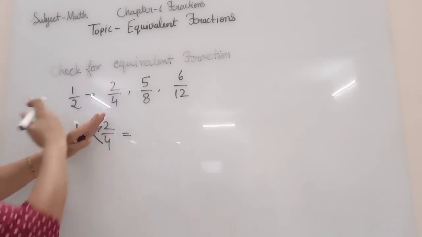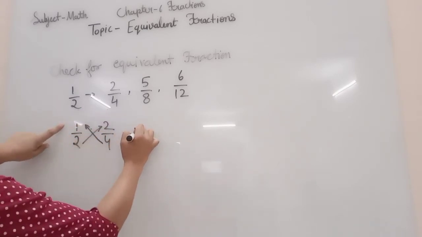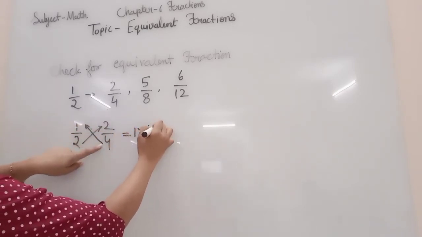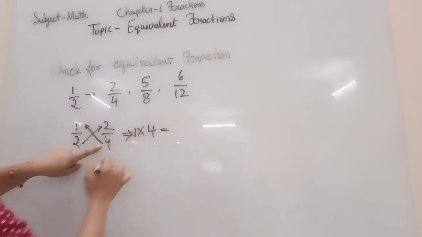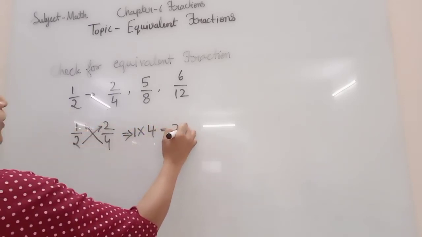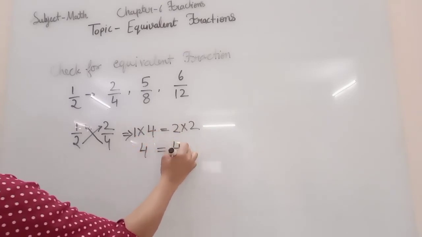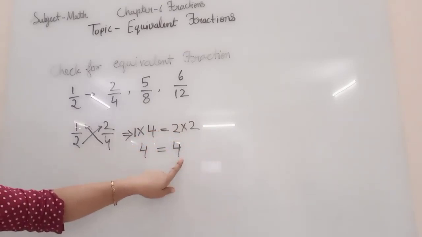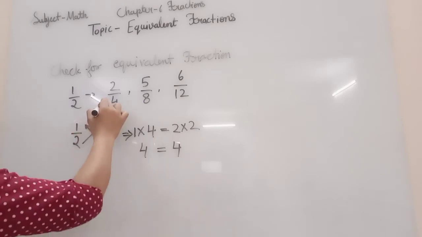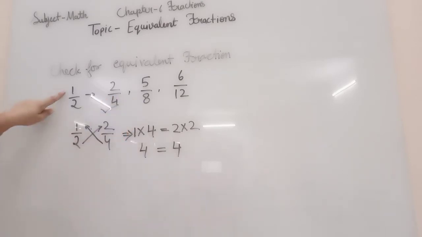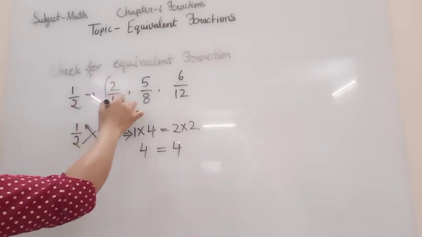So I am doing here 1 multiplied by 4 equals 2 multiplied by 2. So 4 ones are 4 and 2 twos are 4. If both parts come the same, it means this is an equivalent fraction of 1 by 2. So I am circling it.